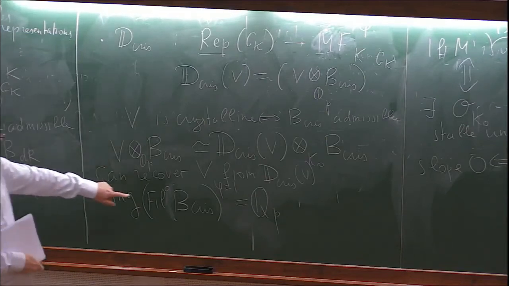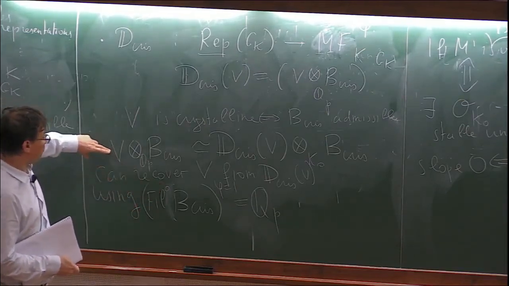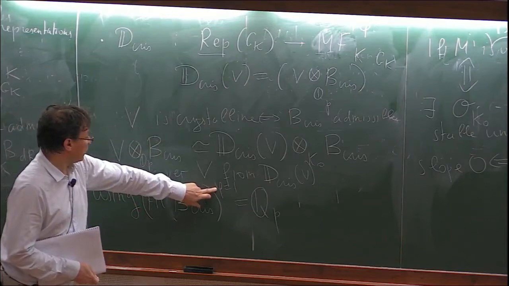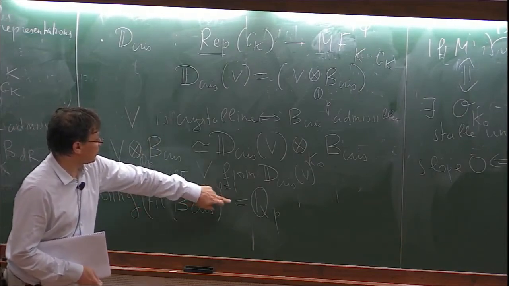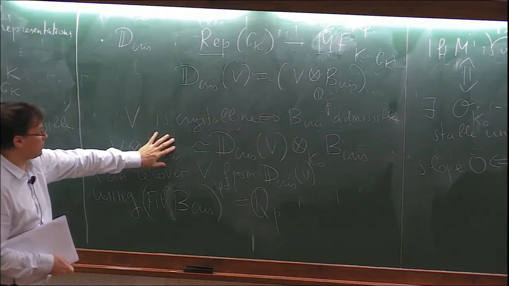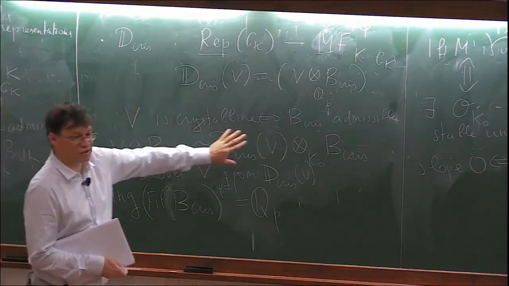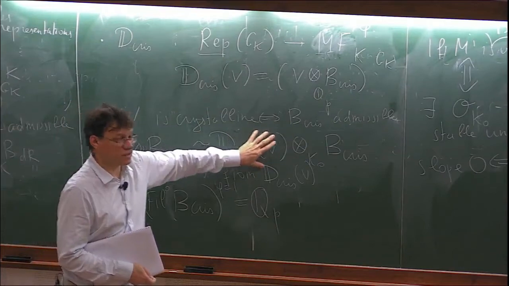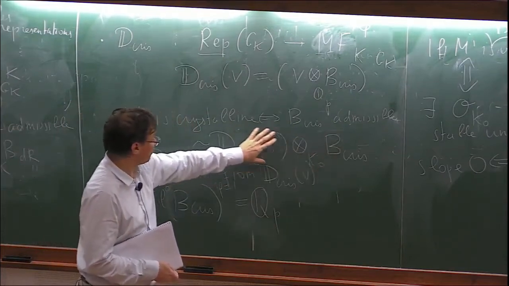So if we take Fil^0 and invariance under the action of Frobenius on both sides, here B_cris disappears and V is expressed in terms of this tensor product, so in terms of D_cris.